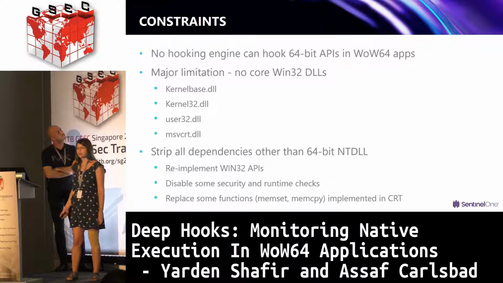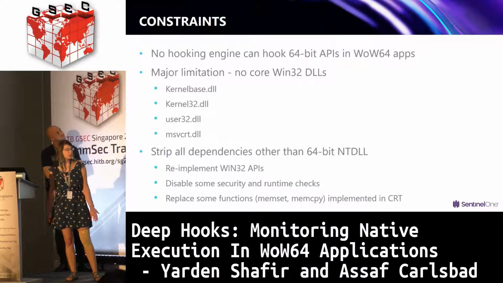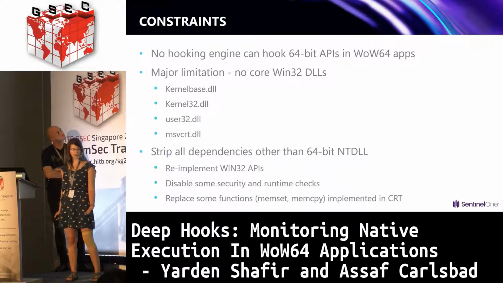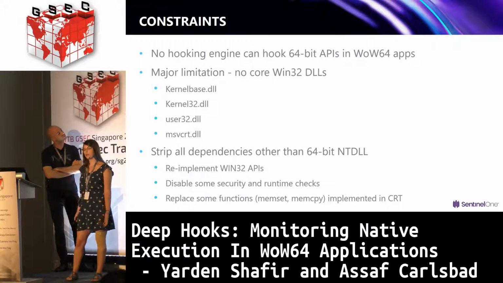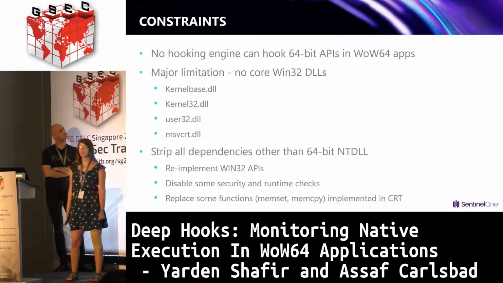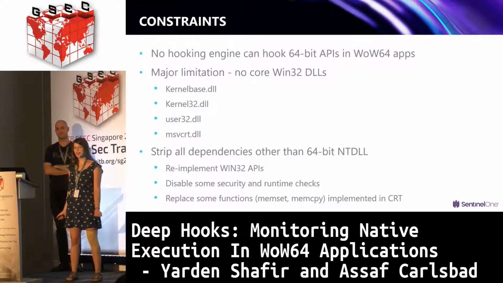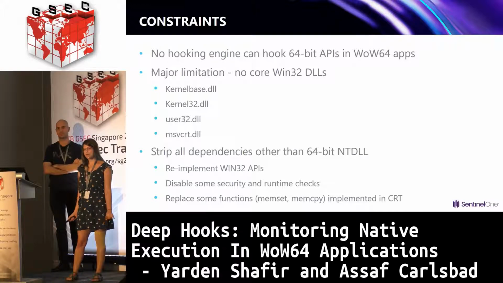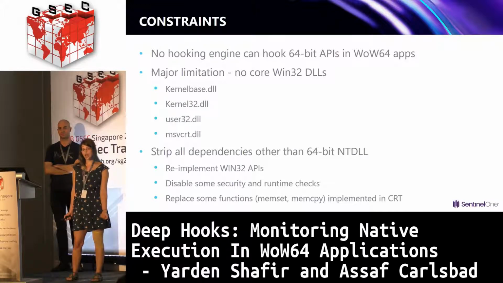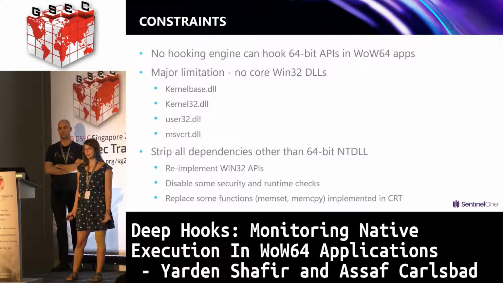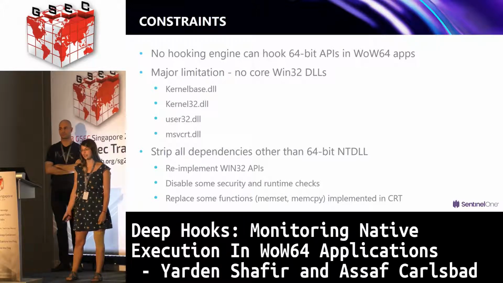Well, anybody who wrote code for Windows might know a few basic DLLs that implement most of the Win32 API, like kernelbase, kernel32, and C runtime libraries. They're very basic when writing code for Windows, and all hooking engines we looked at use them. But the 64-bit versions of these DLLs are simply not loaded into WoW64 processes, and because of some technical issues, we generally can't load them in either.